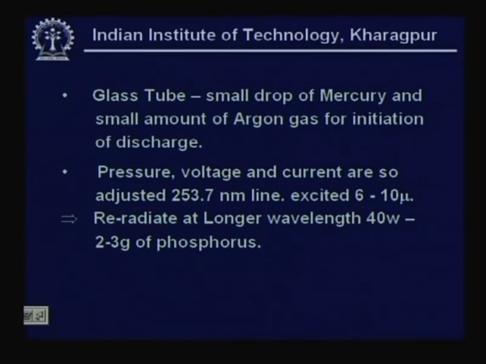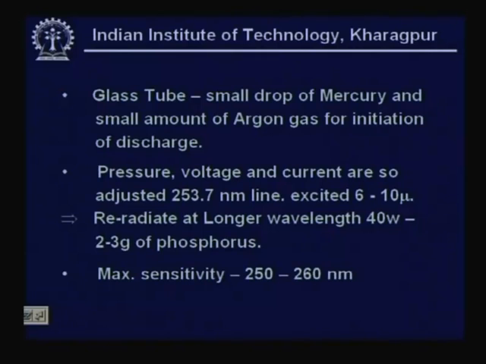A typical 40 watt fluorescent lamp will use about 2 to 3 grams of phosphors. We will see what these phosphors are. Phosphors are nothing but these luminescent powders which we are talking about being coated within the envelope of the discharge tube. We will have a look at the various material that can be used.